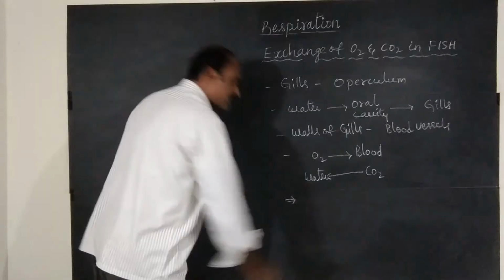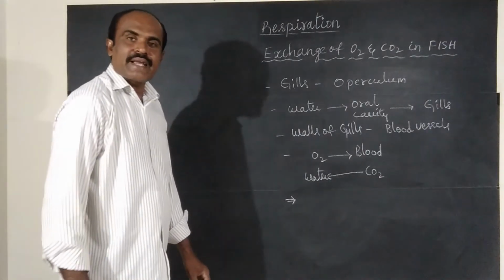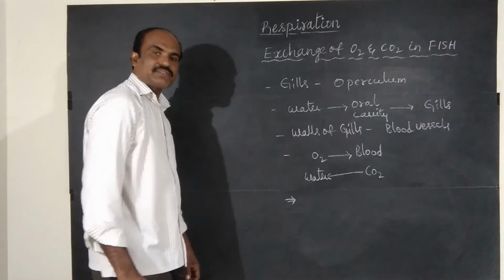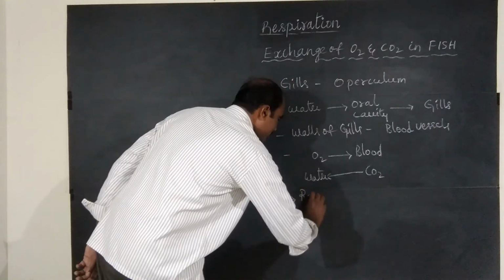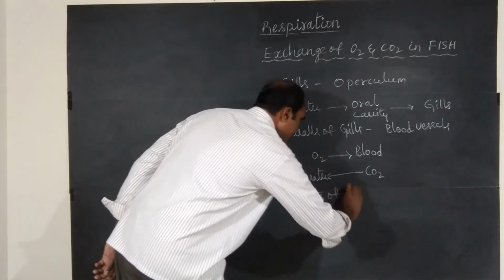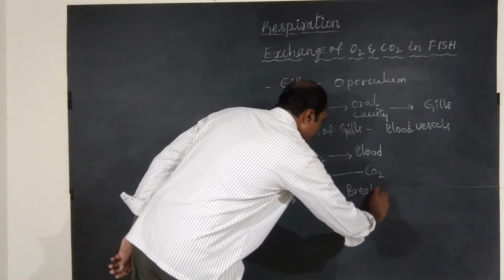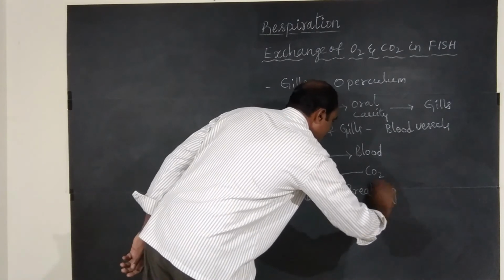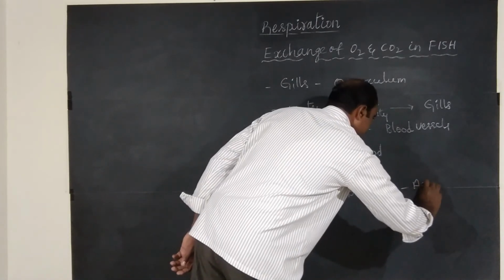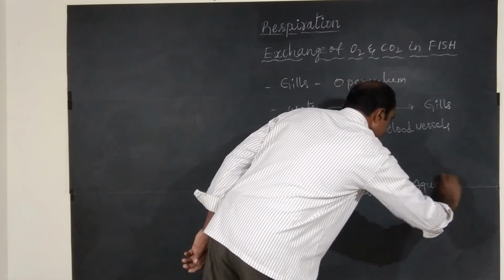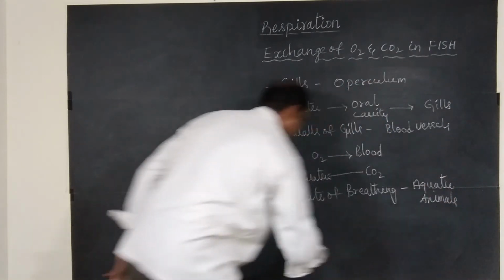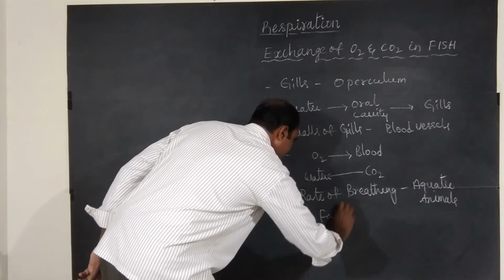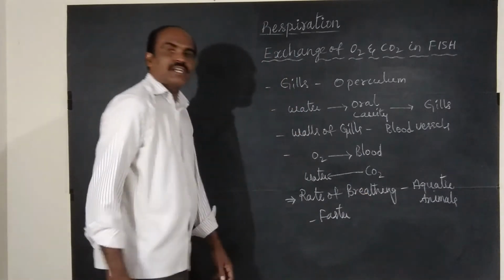The next concept is the rate of breathing in aquatic animals is faster than terrestrial animals.